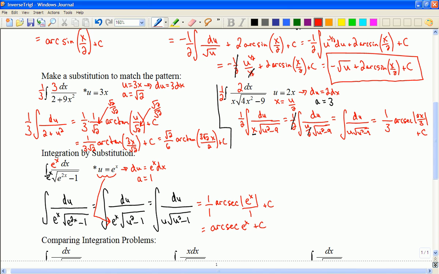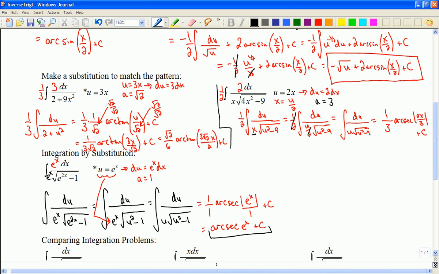Now, whenever you get stuck, and especially if this was multiple choice or something like that on your AP exam, you may also find it easier just to work with the derivative, right? You want to check your work? Well, all you need to do then is take this function and find its derivative.